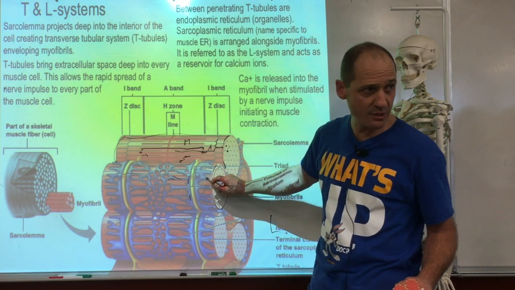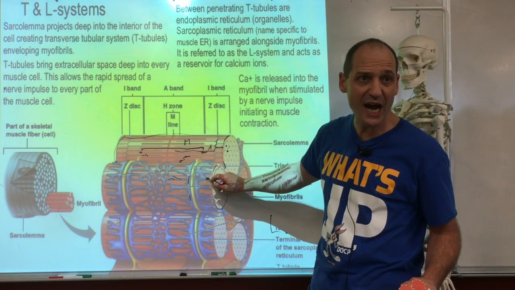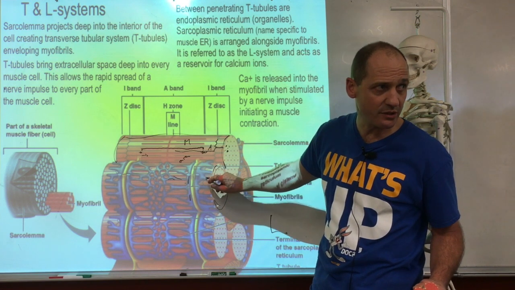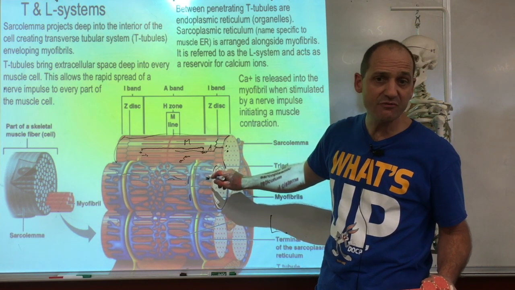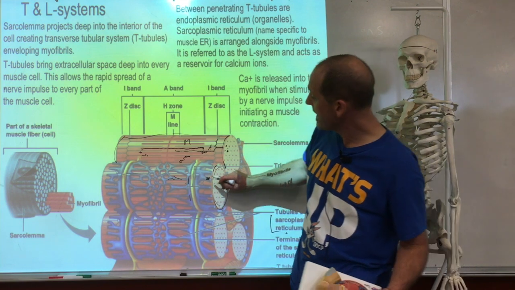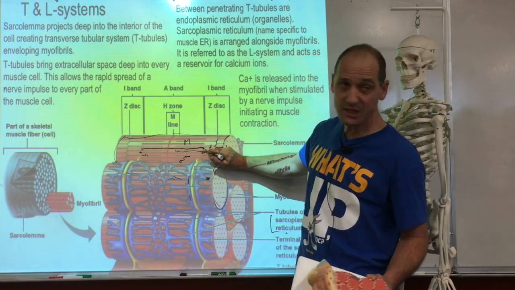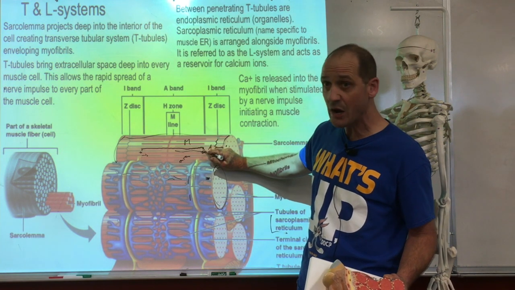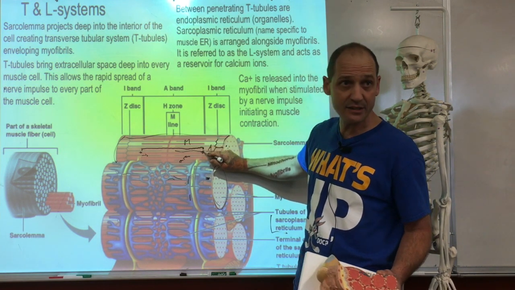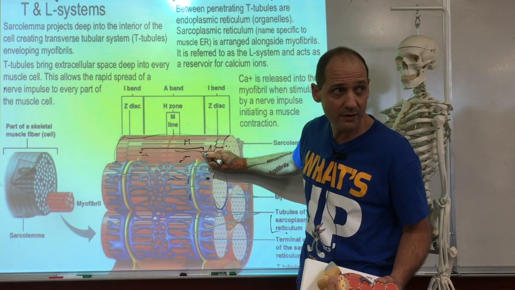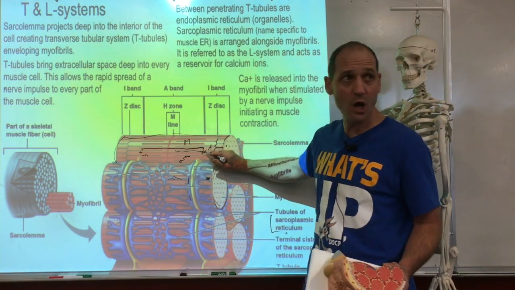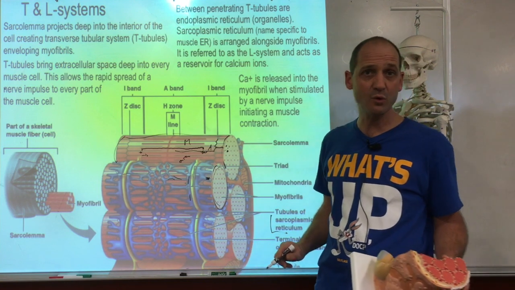And it stores calcium. A muscle can only contract when calcium is present. The reason for that is the myosin heads, these long threads with the head on it, attach to the actin, the other thread, to pull on it. When there is no calcium present, they cannot do that.